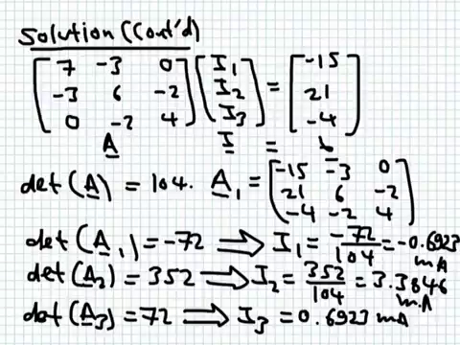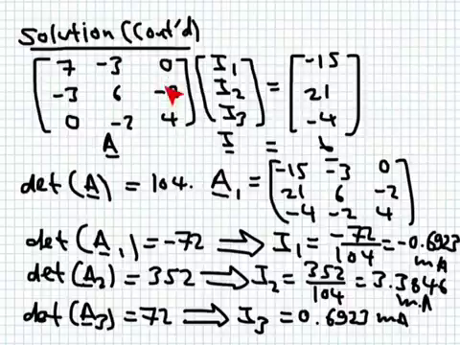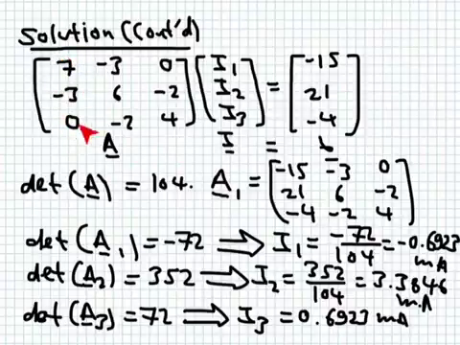I explained in class how to solve this using determinants. First you have to find the determinant of this matrix A. It is 7 multiplying 24 minus 4, plus 3 multiplying minus 12, and this one will give us 0. This will give you 104. And then we create a matrix called A1, where we get rid of the first column of the matrix A and replace it by the right-hand side.